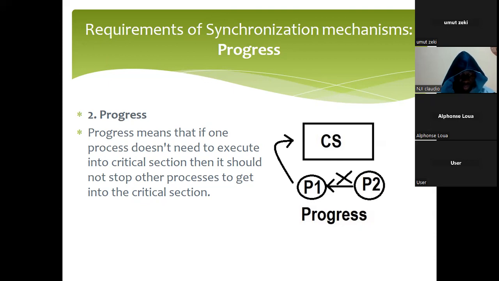So if at that time the process cannot enter the critical section, there should be a mechanism to say to that process, okay, you wait, and the other process will continue to use the critical section. Otherwise, maybe that process is waiting for a result from another process. Maybe it will take the result and after that can continue to execute.